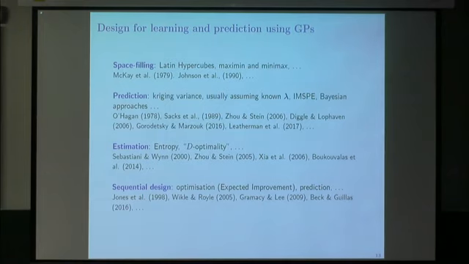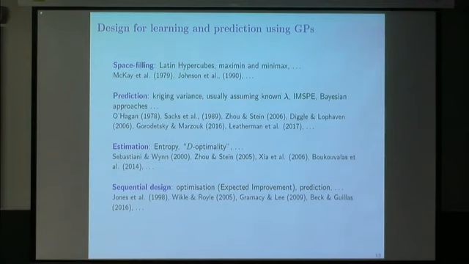The second approach is a model-based approach, where we have the designs either for prediction or for estimation, usually estimation of the correlation parameters. If the aim of the experiment is the prediction, then we have the kriging variance as objective function to minimize, or integrated mean square prediction error.